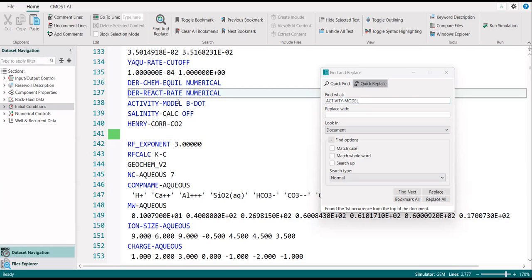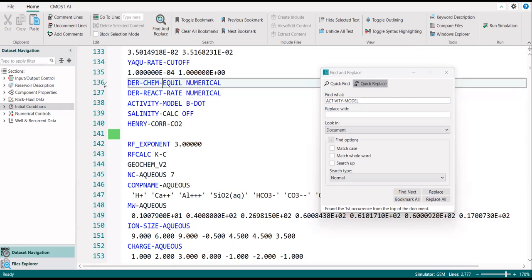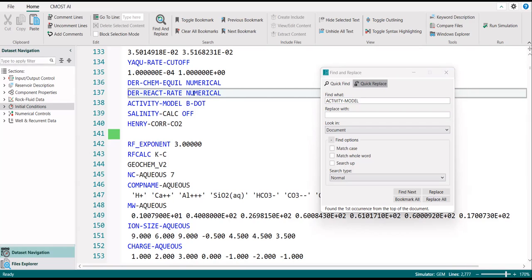But for der react rate, this is the method for calculating the derivative of the mineral dissolution or precipitation rates. So this is actually to calculate the derivative of the rate. In this case, line 136 is the method to calculate the derivative of the chemical equilibrium condition. Again, for 137, it must be followed by numerical or analytical.